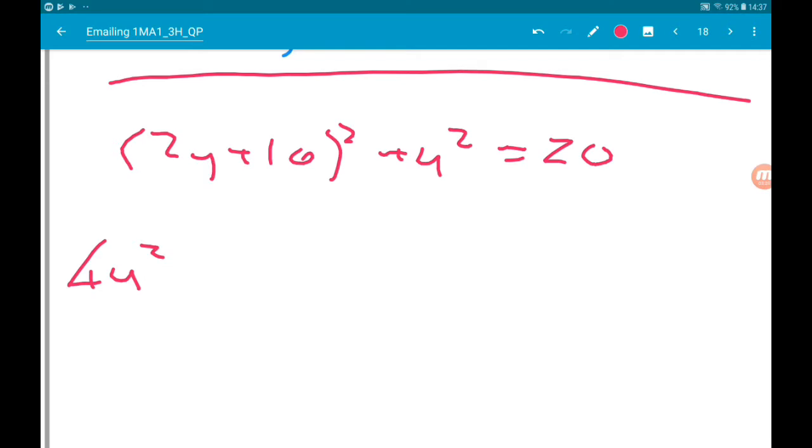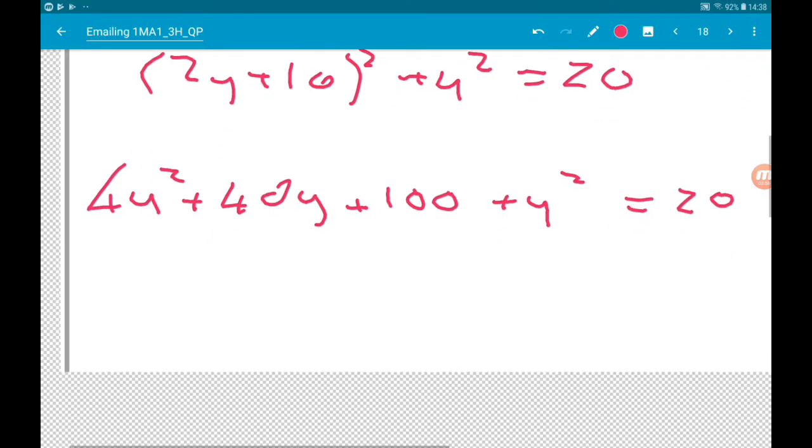So we get 10 times 2y twice, so that's 20y add 20y, which is 40y. And then 10 times 10, which is 100. And then add y squared. Now that is all equal to 20.